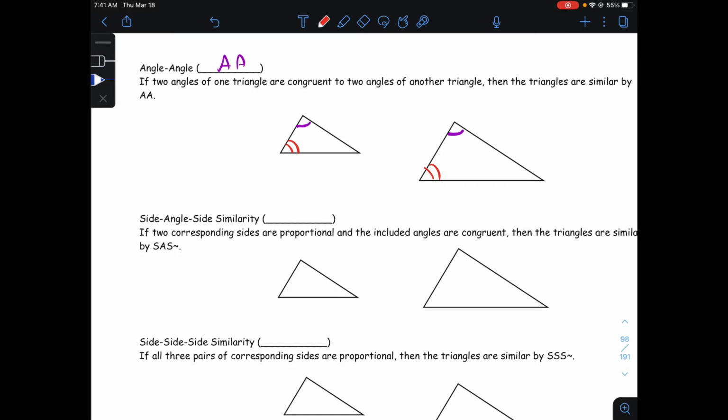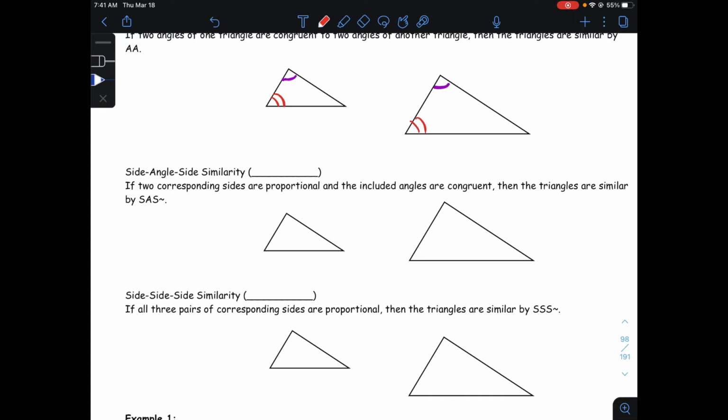Then we have side, angle, side similarity. If two corresponding sides are proportional and the included angles are congruent, then the triangles are similar by side, angle, side. So we prove that these sides are proportional, and these are proportional.